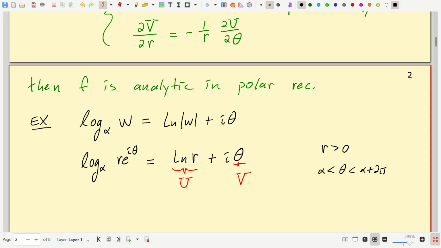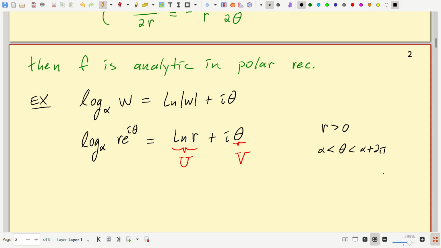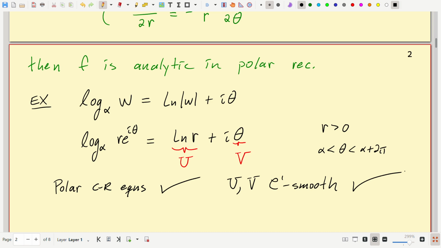And of course, you can check that the Cauchy-Riemann equations hold. They're simple to check. And you also need to check that U and V are C1 smooth. In fact, they're C infinity smooth. So check.